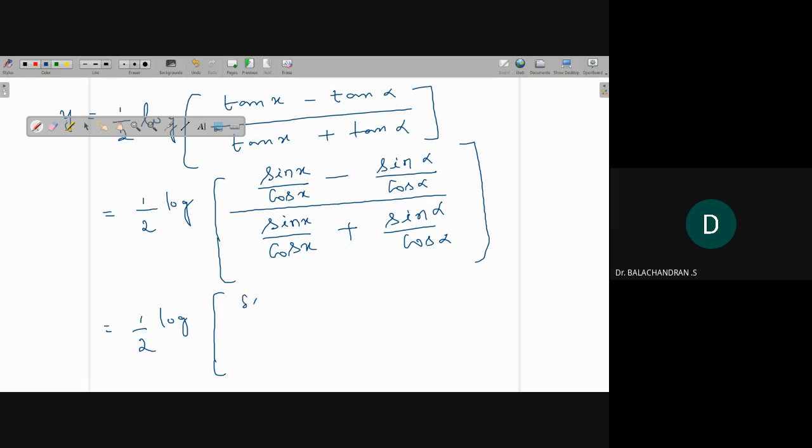You will get sin x into cos alpha minus cos x into sin alpha, divided by sin x into cos alpha plus cos x into sin alpha.